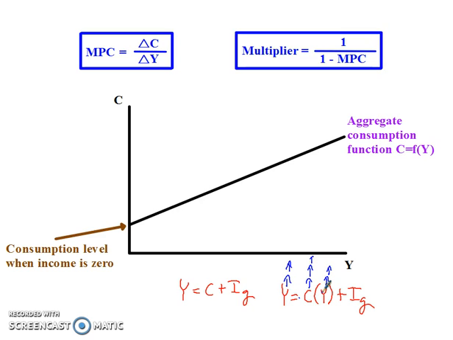Now, this connection is made through the marginal propensity to consume. The marginal propensity to consume, so I don't have to write it, I have it up here, is the change in C divided by the change in Y. All right, so what are we doing on this graph? How are we connecting all this together on a graph? So on the graph, we put y on the horizontal axis. Now I'm going to keep saying this.